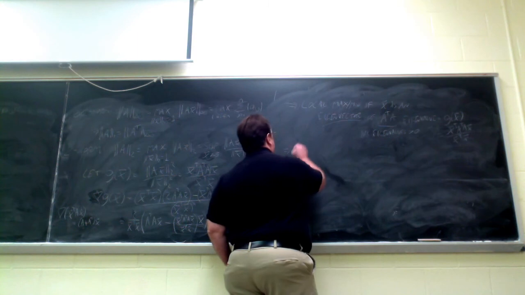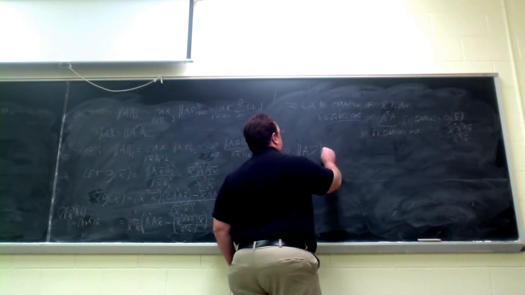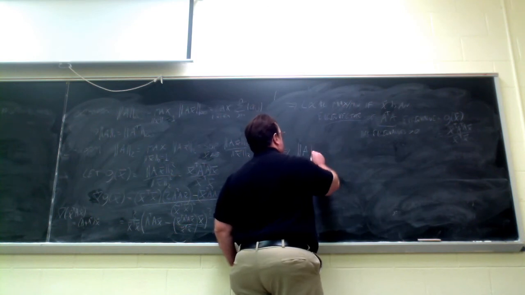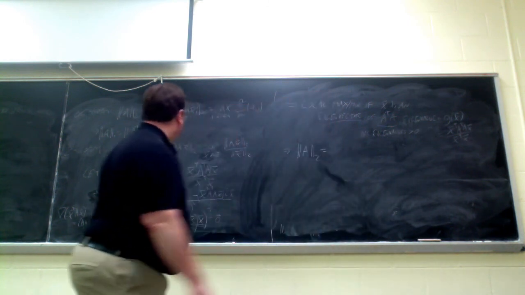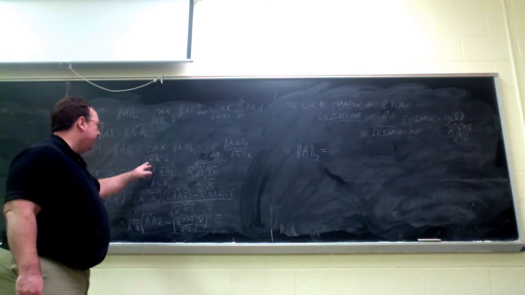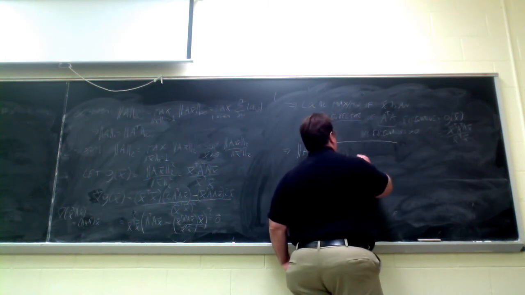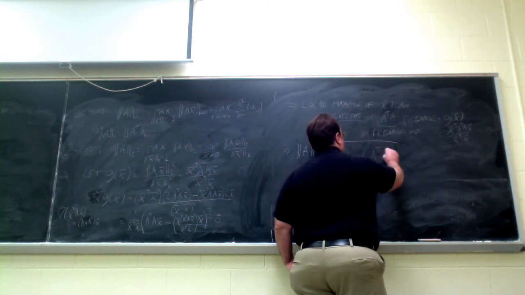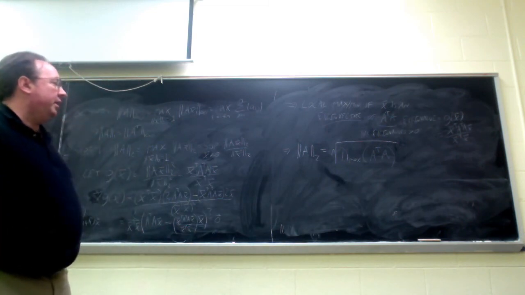So we could say that the 2 norm of A, since our function g came from the square of the norm of Ax over the norm of x, is the square root of the maximum eigenvalue. I'll talk more about eigenvalues in the next class. The square root of the largest eigenvalue of A transpose A.